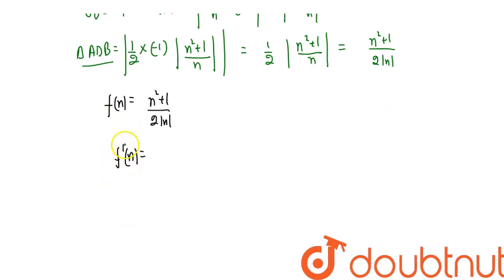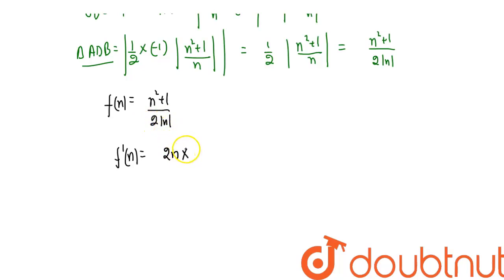Now for getting the value of f dash n, we are going to apply the division rule. For that, we differentiate the numerator first. So we have 2n as the differentiation of the numerator. So we have twice n multiplied by the denominator as it is, and since we considered n greater than 0 while plotting the graph, the denominator is twice n as it is.